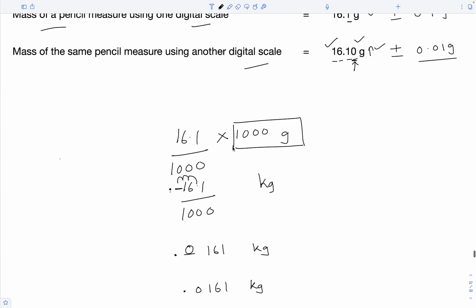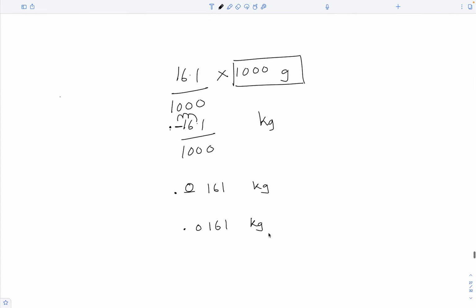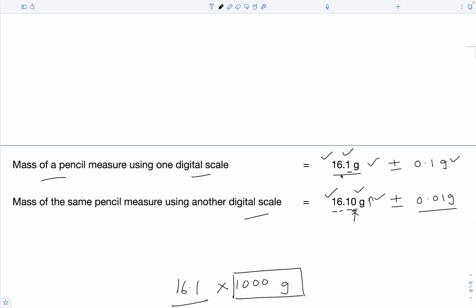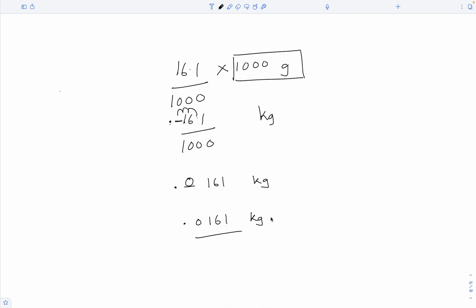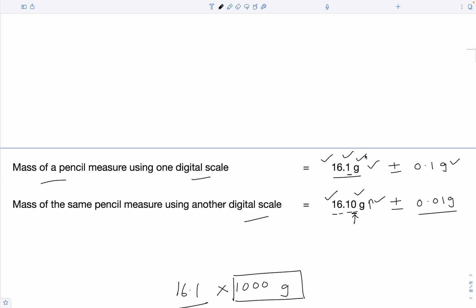So all I did here is expressed this measurement in kilograms. Now if you look at this measurement, you will find more digits than there are here.